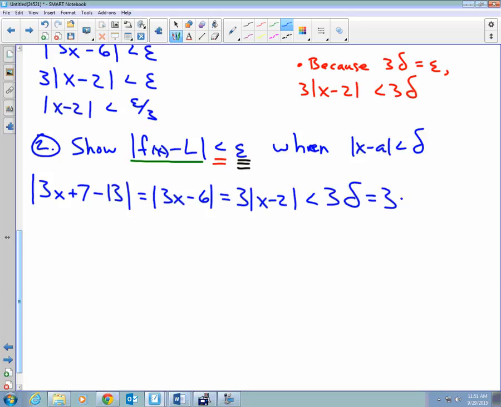So we substitute epsilon over 3. What is 3 times epsilon over 3? And now you have to finish your proof. A box, done, QED, whatever you want.